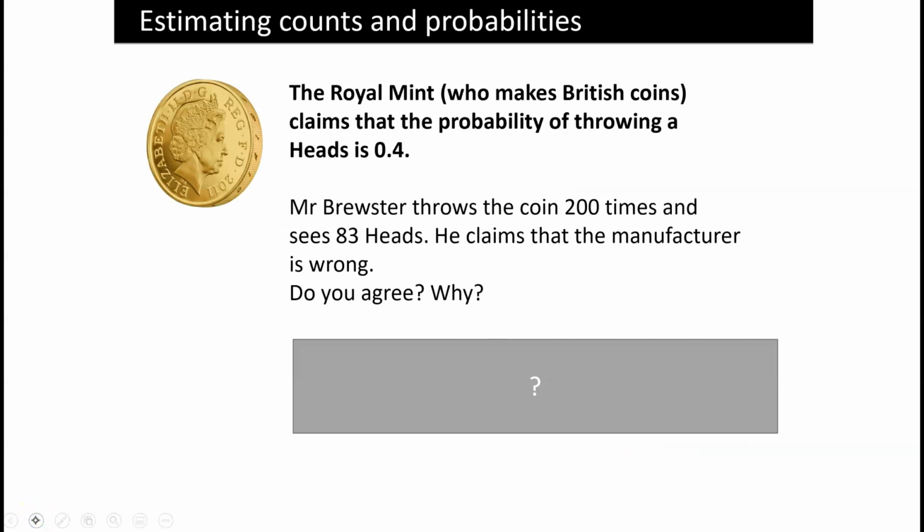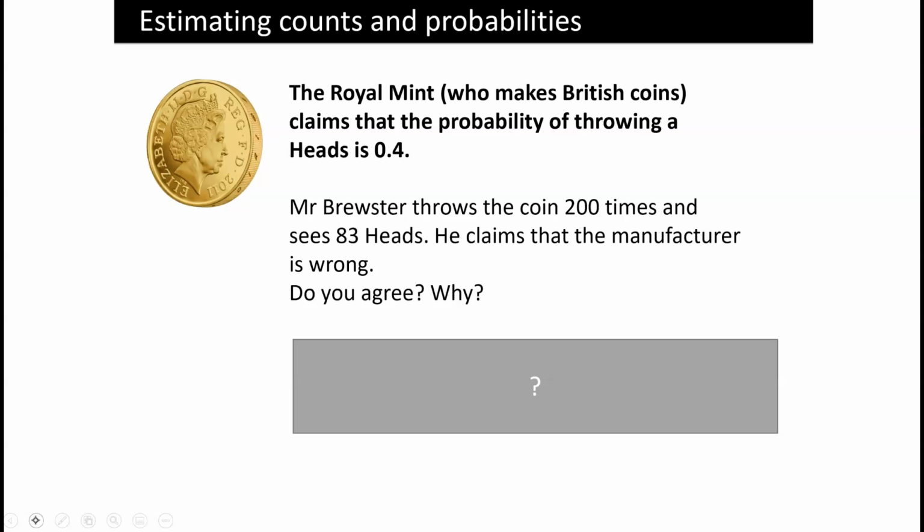Now let's have a little look at this. The Royal Mint, who makes British coins, claims that the probability of throwing a head is 0.4. So they're not 50-50. Mr. Brewster throws a coin 200 times and sees 83 heads. He claims that the manufacturer is wrong. Do you agree, and why?